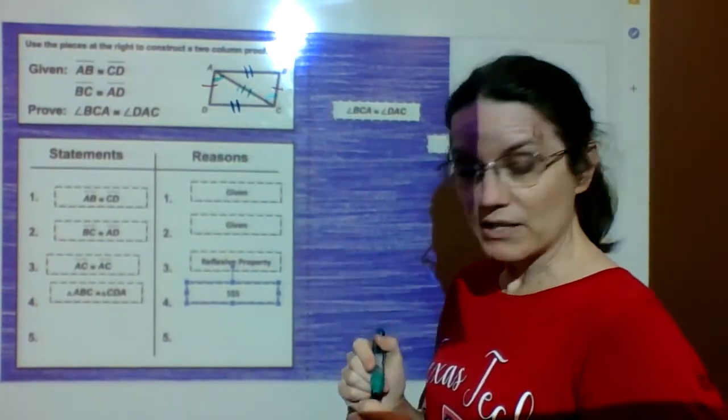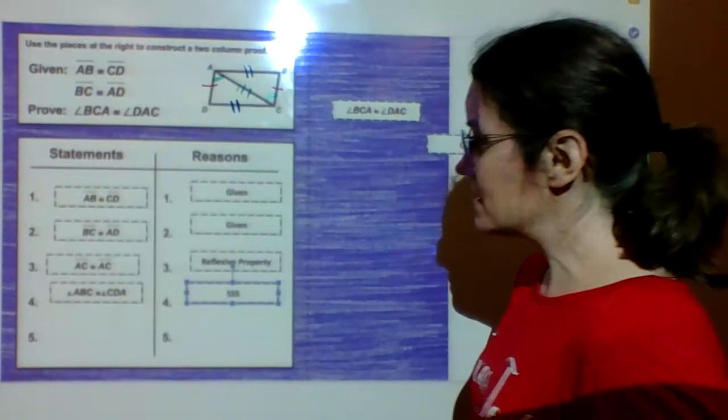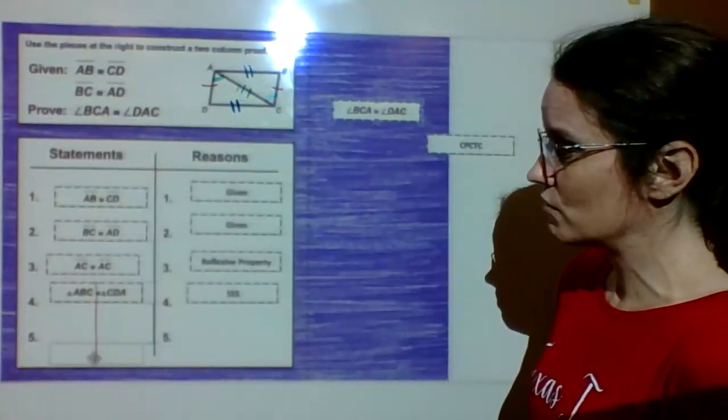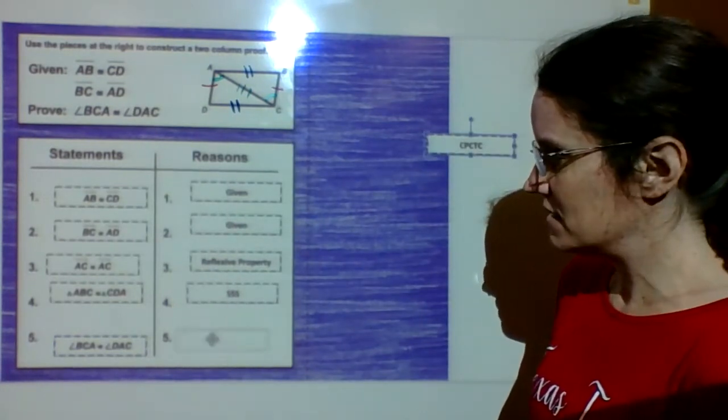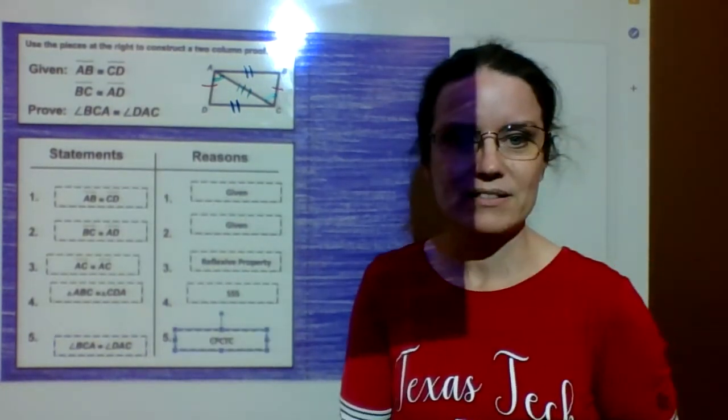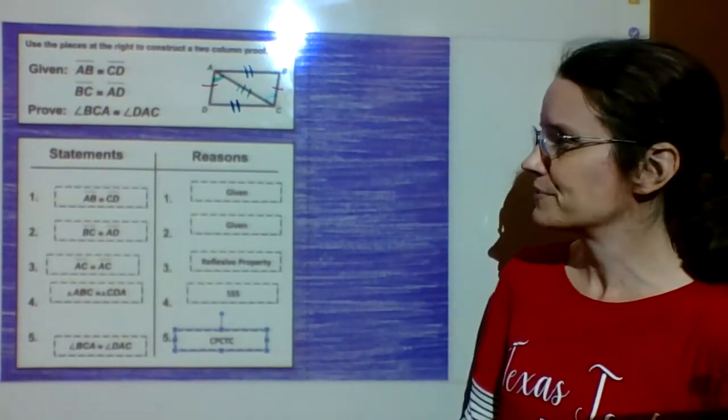So they're corresponding parts. Since they are corresponding parts, I can say that they are congruent according to CPCTC. Corresponding parts are congruent in congruent triangles.